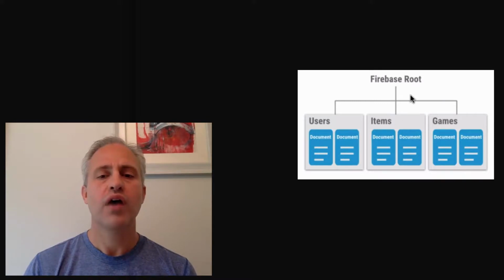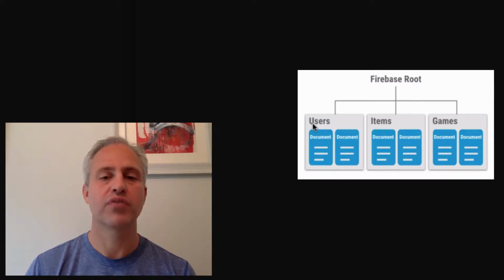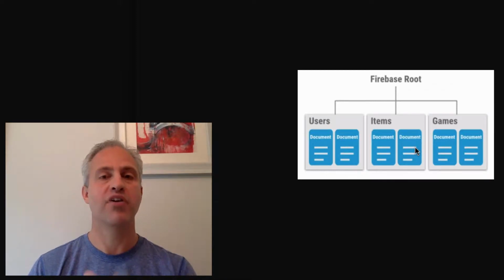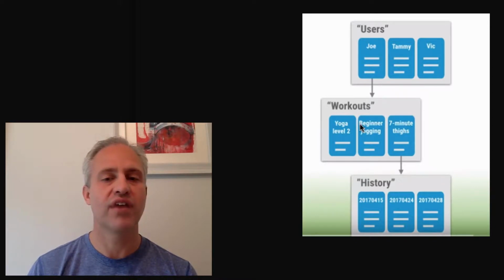You could also have numerous different types of objects. So for example, you could have user objects and item objects and game objects. And each of those would have numerous objects of that type in it. But that's kind of the structure, is you have collections and then you have numerous objects in there. By the way, as your data gets more complex, you could also have collections inside of documents.